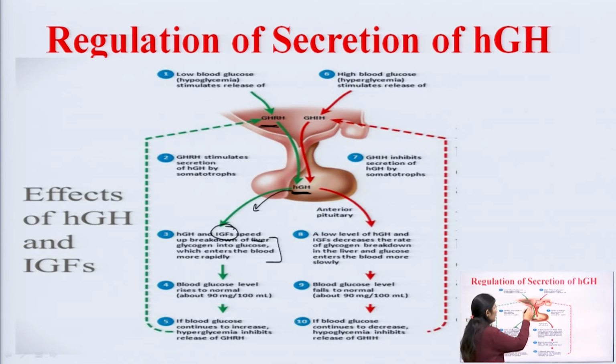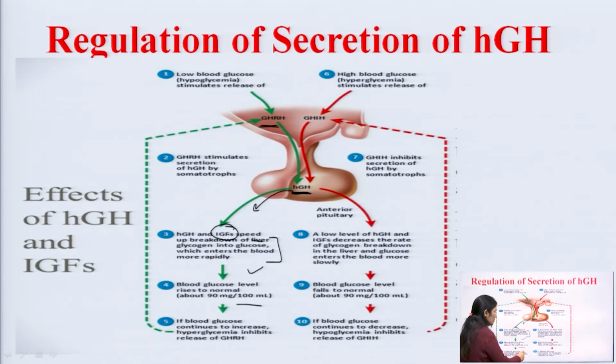So, during hypoglycemia, the blood glucose level will increase, because insulin-like growth factor will speed up the breakdown of glycogen. Glycogen will convert into glucose and the blood glucose level will return to normal.